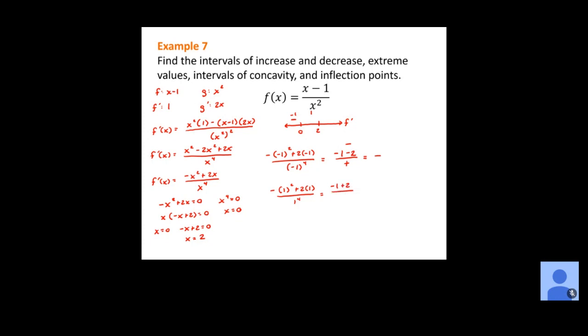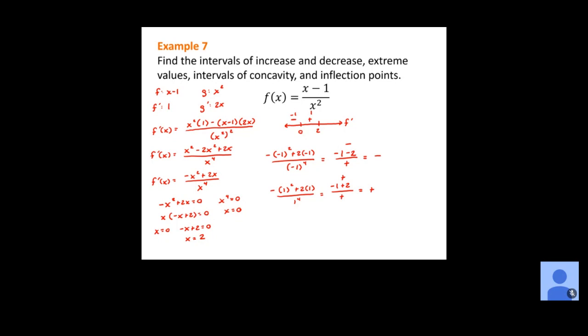So is that going to be positive or negative this time? That's a positive. Good. And then 1 to the fourth. Again, anything to the fourth power should be a positive down here. Positive over positive is going to be positive. Good.